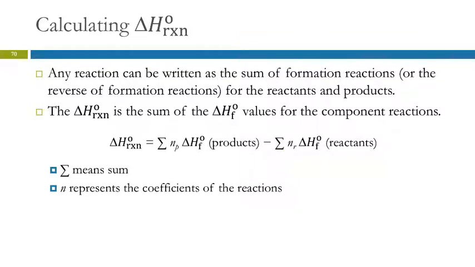The n here represents the coefficient. This funny thing here is a Greek letter sigma. It means the sum of. So this is the sum of the coefficient times the heat of formation for one product, and then you add up all of them like that. And then you subtract the sum of all the reactants. Any questions?